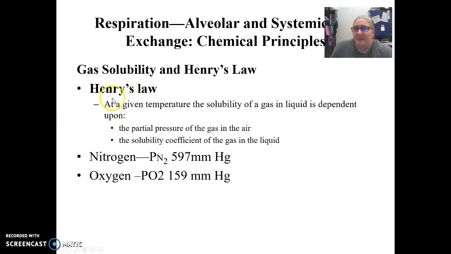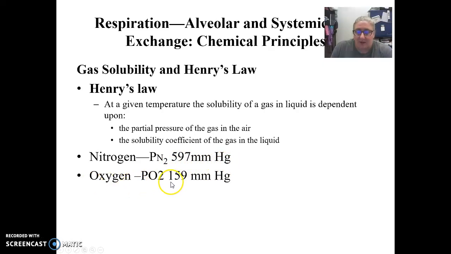Another solubility or gas law is Henry's law. It states that at a given temperature, so assuming temperature stays the same, the solubility of a gas in a liquid is dependent upon the partial pressures and the solubility coefficient. So nitrogen has a partial pressure of 597 millimeters of mercury.